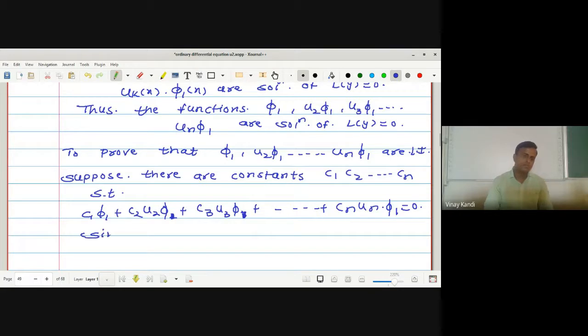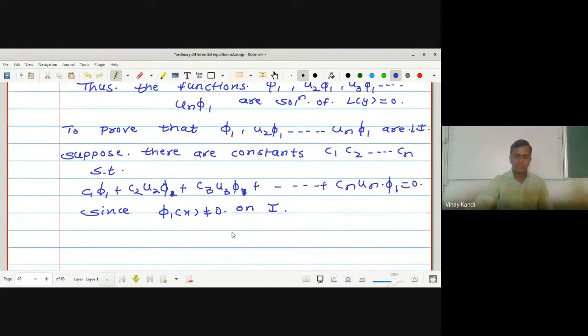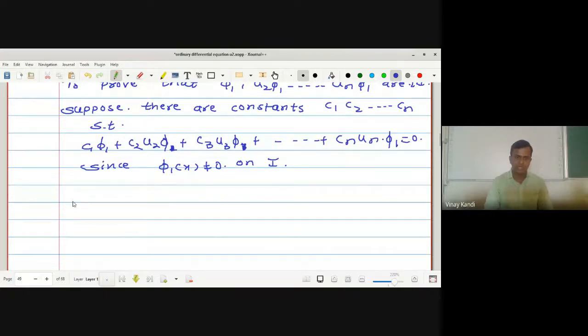Since phi 1 of x is not equal to 0 on I, dividing the above equation by phi 1 of x, we get C1 plus C2 U2 plus C3 U3 plus up to so on Cn Un is equal to 0. Now differentiate with respect to x.